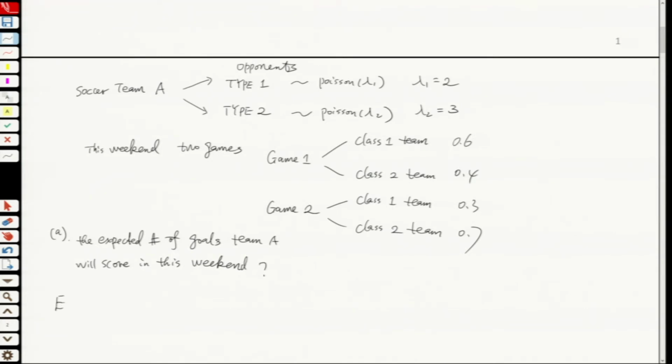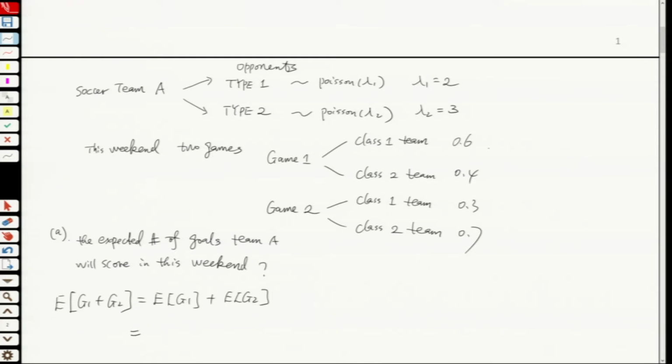So we have expectation in this weekend. There are 2 games. So there is game 1 plus game 2. So this equals expectation of game 1 plus expectation of game 2.